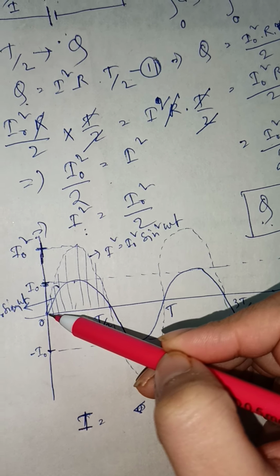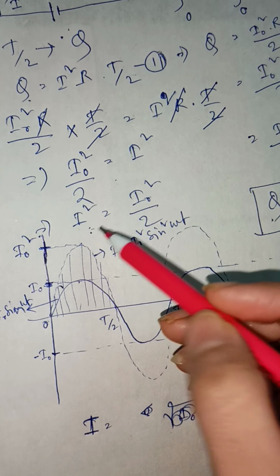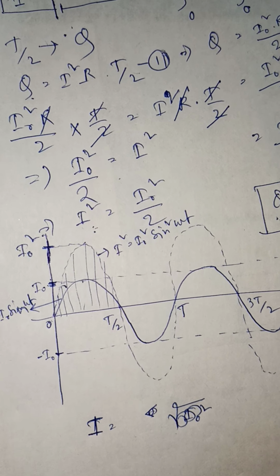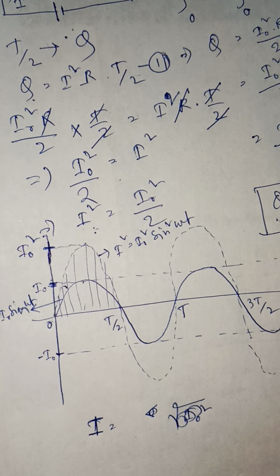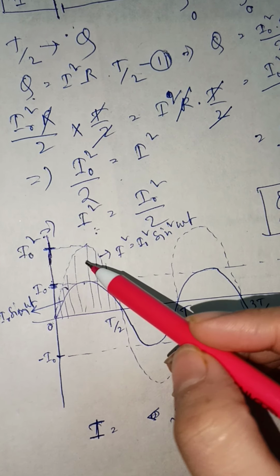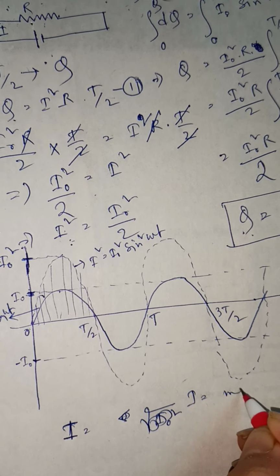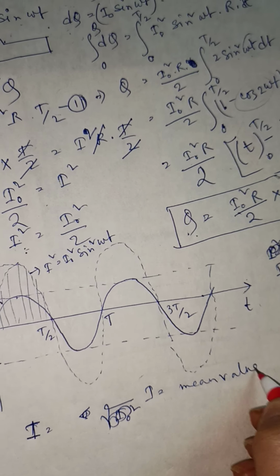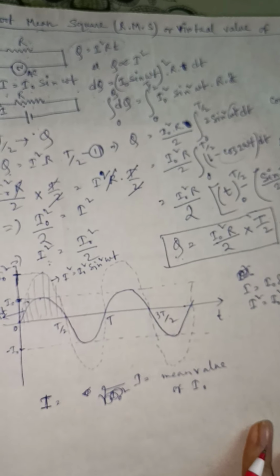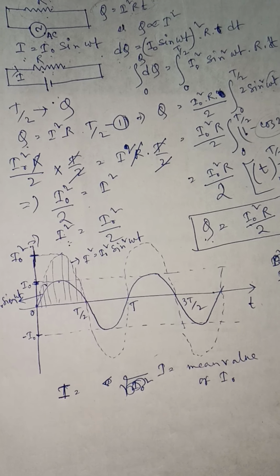Then I represents the square root of I square, where I equals the mean value of I naught square.